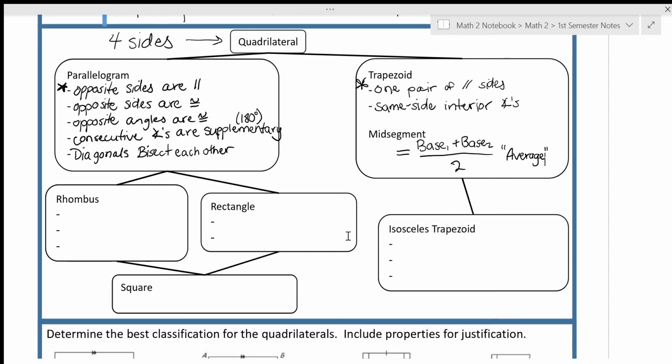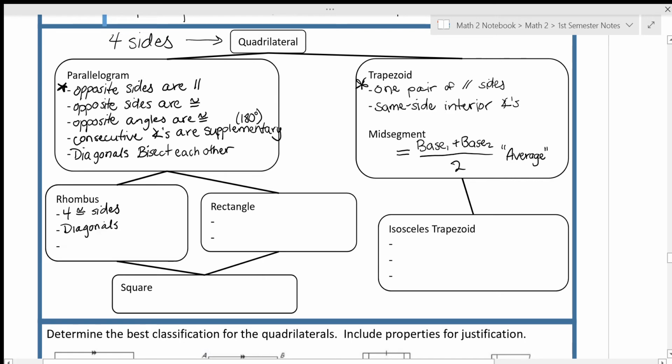So under parallelogram, we have rhombuses. And rhombuses have all the properties of a parallelogram because they're in that same family. But rhombuses also have 4 congruent sides. They have perpendicular diagonals.